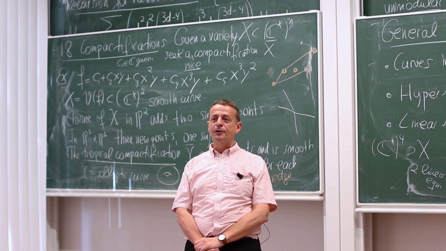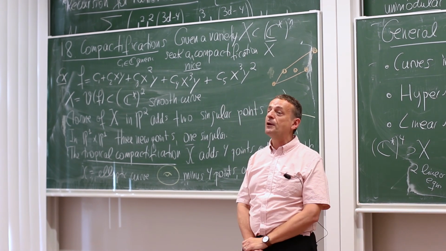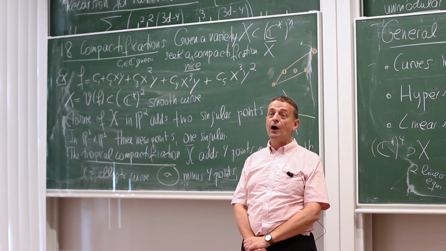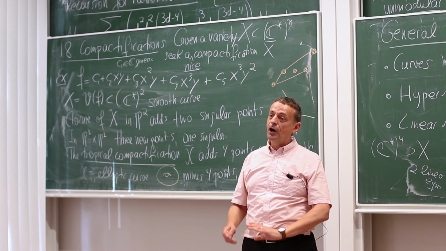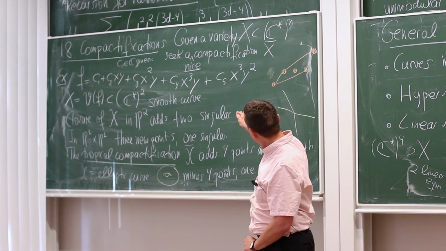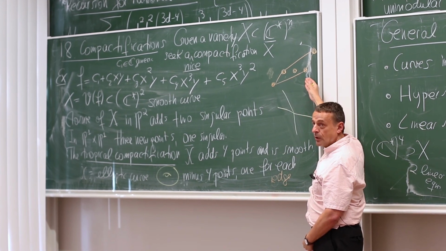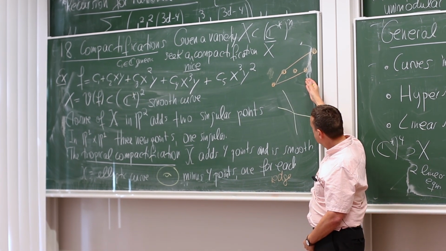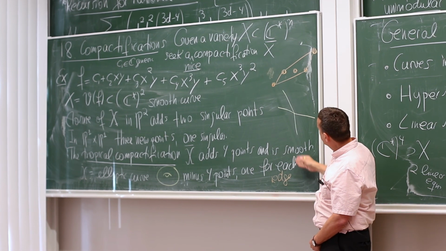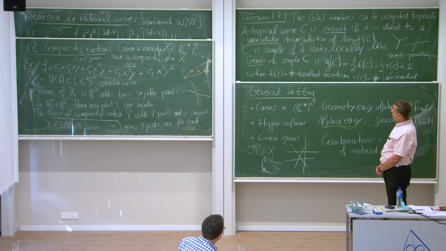So tropical geometry is the art of doing away with Newton polytopes. Right? We want to deal with arbitrary varieties that are not hypersurfaces. But in this special case, indeed, this tropical variety or this Newton polygon is what drives the compactification, 1 new point per edge.